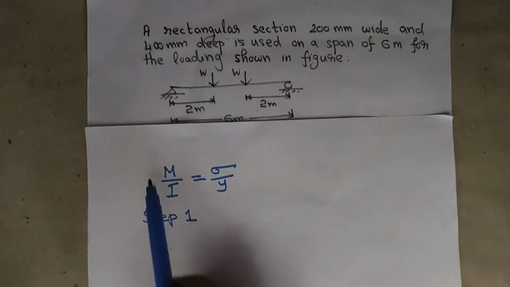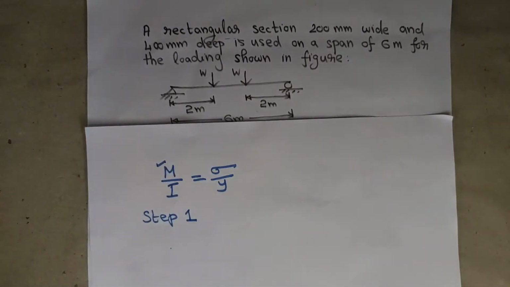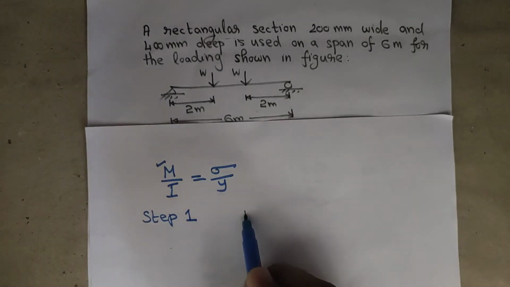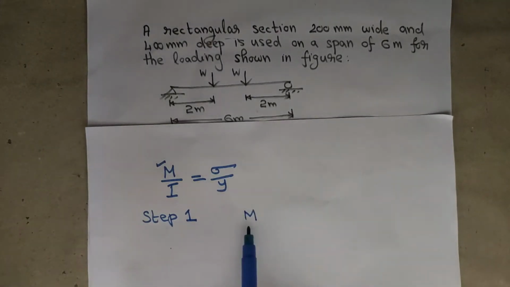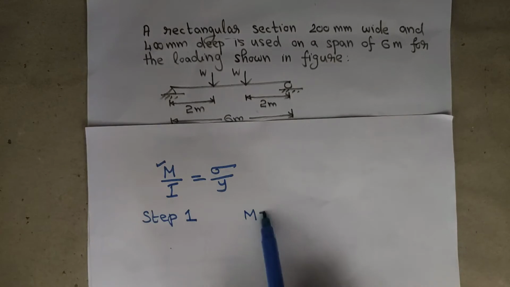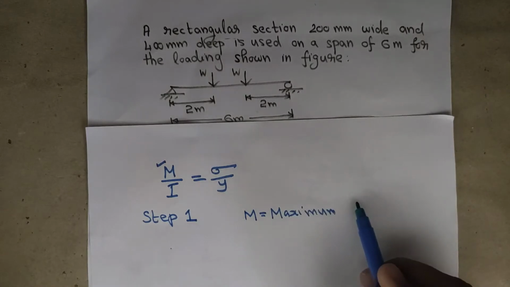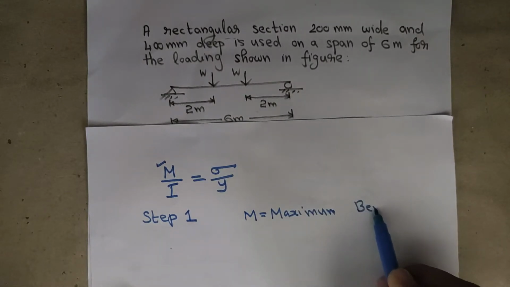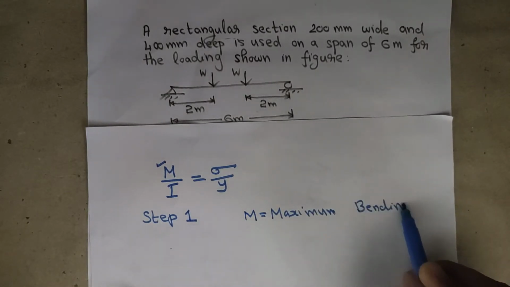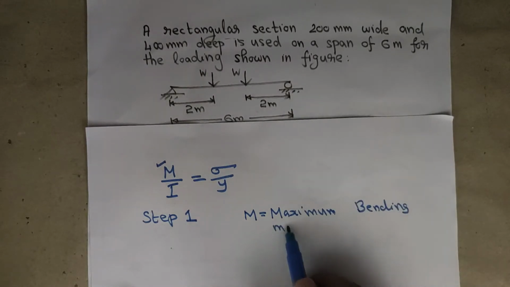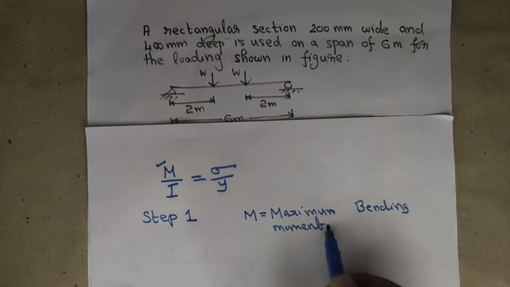Here we will see what's the value of M. And M is the maximum bending moment in the beam.